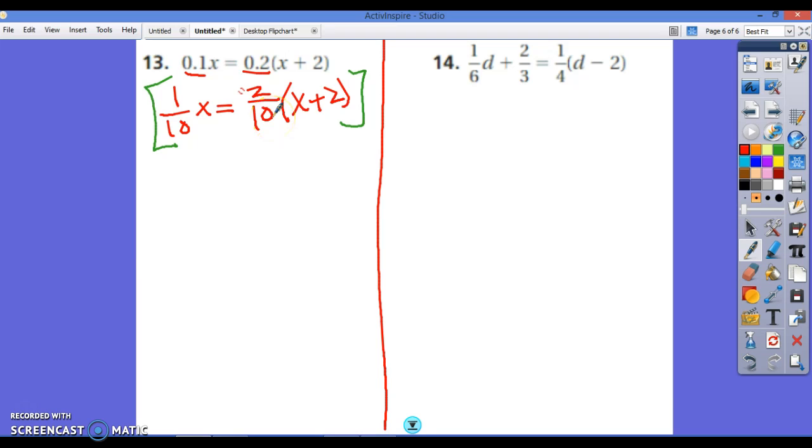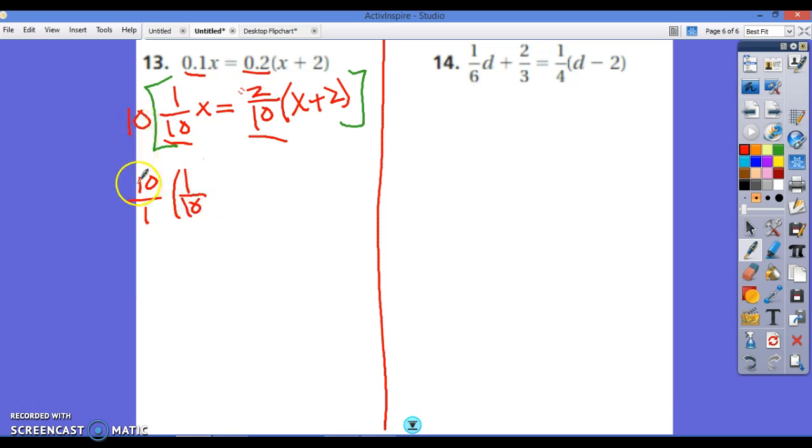So for me to kill the fraction, I'm just going to multiply the whole equation by the denominator. So I'm going to multiply this whole thing by 10. So when you're writing this out, just like when we're simplifying those expressions, you can rewrite them like so.